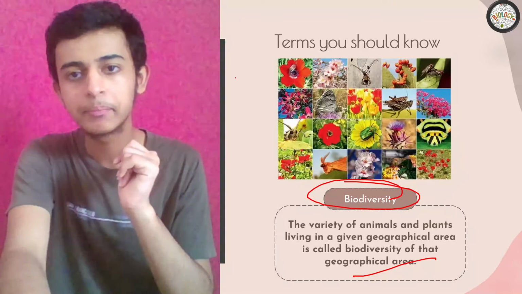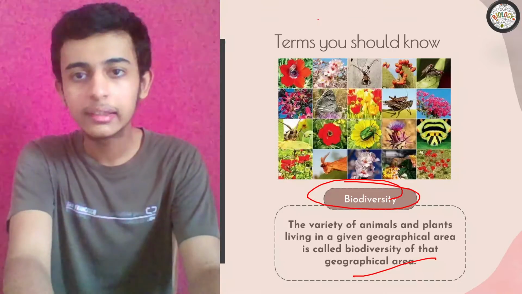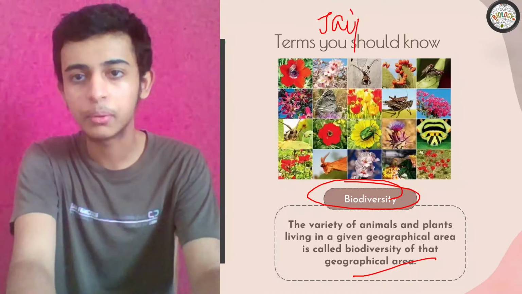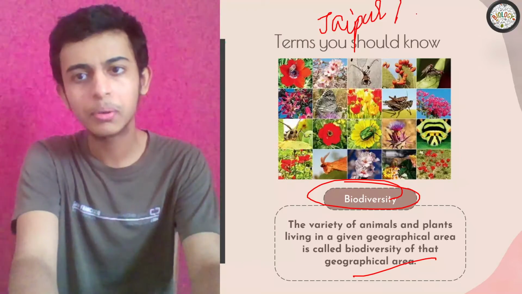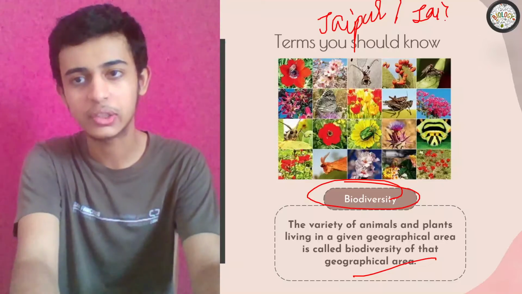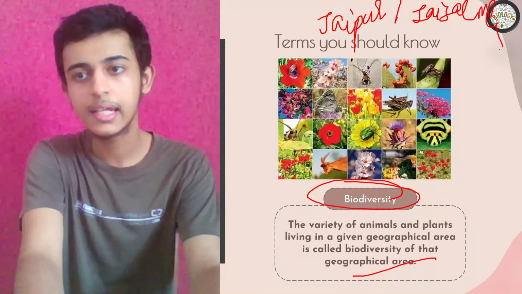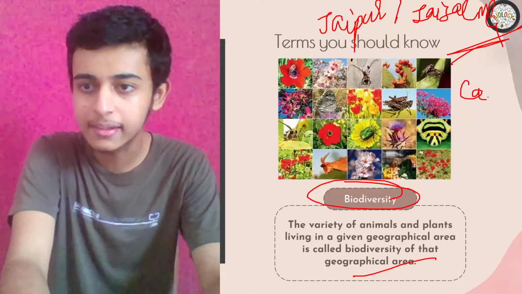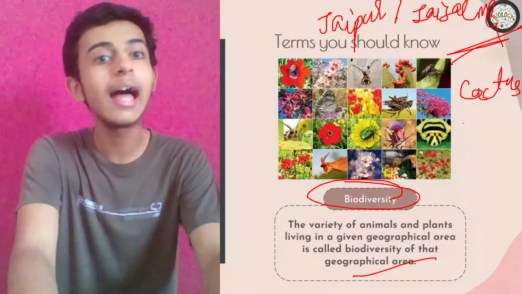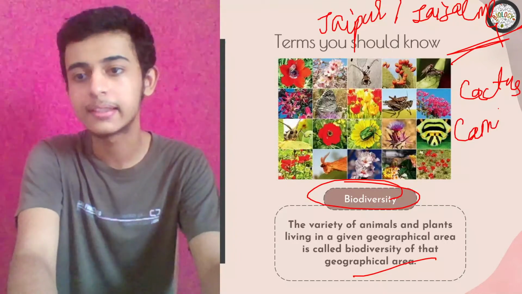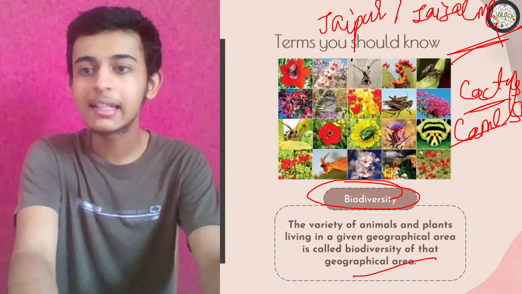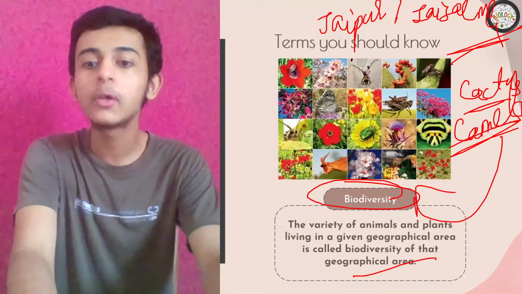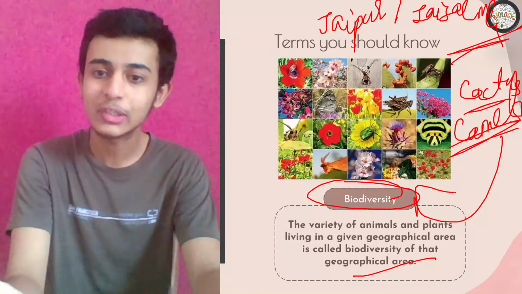For example, let's say that students you live in Jaipur or let's say Jaisalmer in Rajasthan. So the different plants, for example, cactus, and the animals, for example, camels. This cactus and camels are going to be the biodiversity of that region.